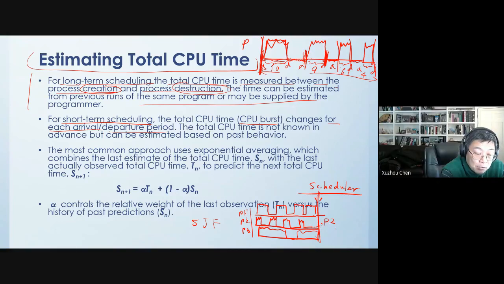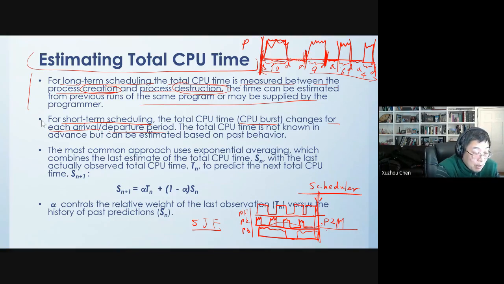So it sounds like P2 should have a short CPU burst, even though we don't know, because we haven't started to run P2 yet. But based on history, we find out P2 tends to have a short CPU burst. So we're going to pick P2 based on shortest job first. Okay, so that's the idea behind using history in short-term scheduling algorithms.